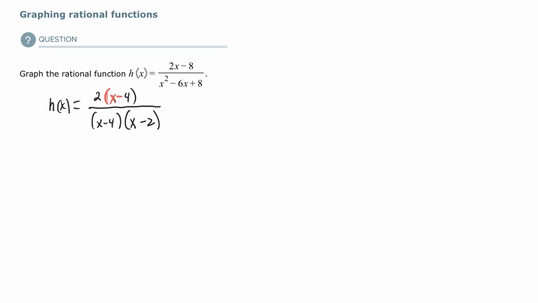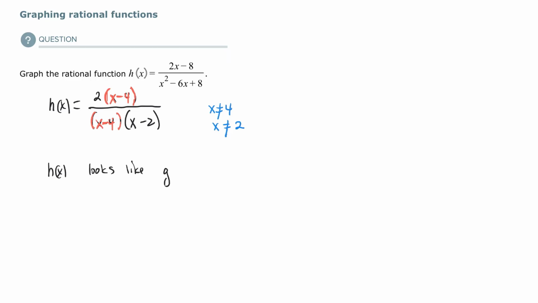Now, these are factors. Now, what happens here? Keep in mind, we should be paying attention to the domain right now. So the domain says x cannot be 4 and x cannot be 2, right? We can't have 0 in the denominators. Now, what does h of x look like? Well, h of x looks like g of x.